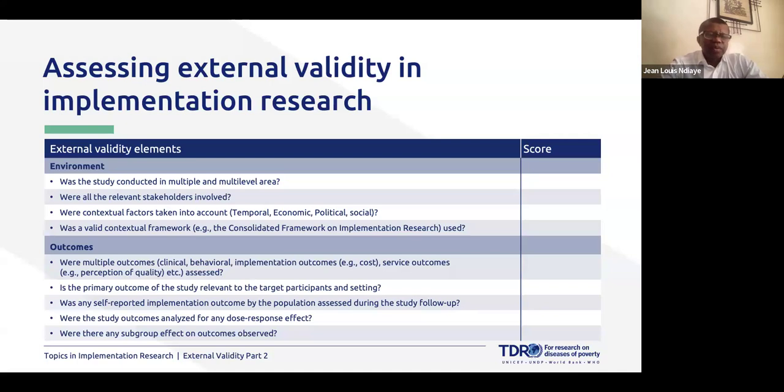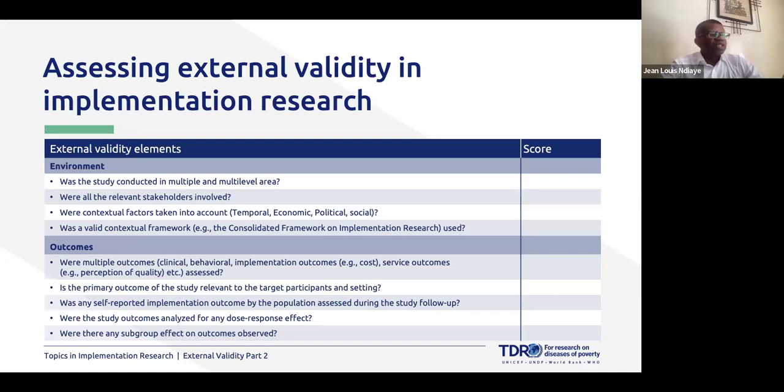Was any self-reported implementation outcome by the population assessed during the study follow-up to assess, we are saying, the sustainability? Were the study outcomes analyzed for any dose response effect? And was there any subgroup effect or outcome observed? We talked about how you can, within your group, maybe identify the subgroup for the analysis.